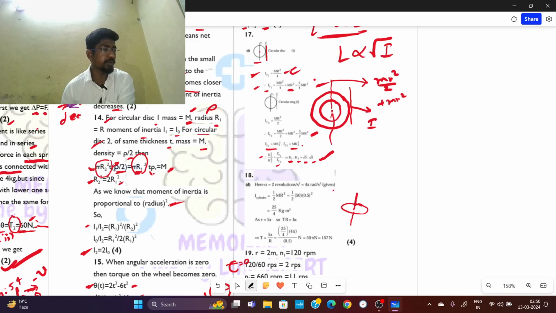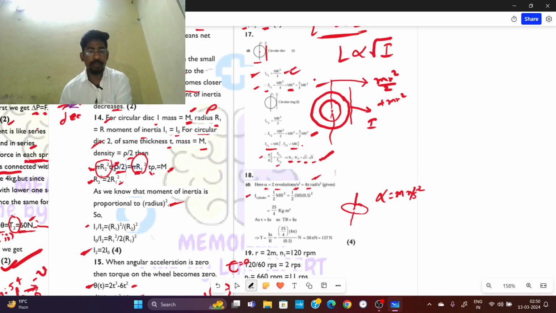Find the tension in the string required to produce an angular acceleration of 2 revolutions per second square. First you have to convert alpha. If you multiply it by 2 pi, you will get 4 pi radian per second square.